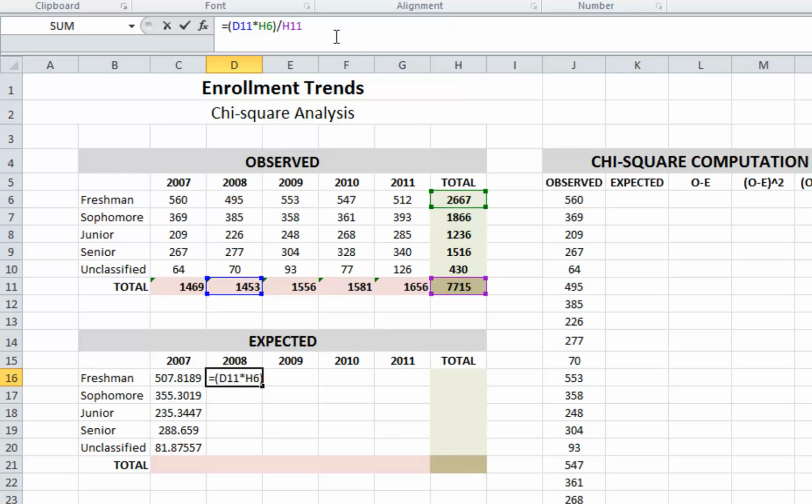We go back up here to the formula. I want to keep our grand total the same. So hit F4. And again, I want to keep our column total the same. So I'll go after D11, hit F4. And there we go. So I'm going to go ahead and drag down. And that's the same. The next column, it's going to be the same thing. But instead of you watching me do this over and over, I'm going to go ahead and pause the video and then do those, and then we'll pick up right there.